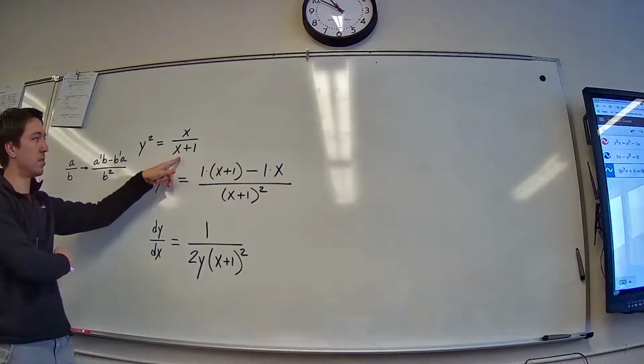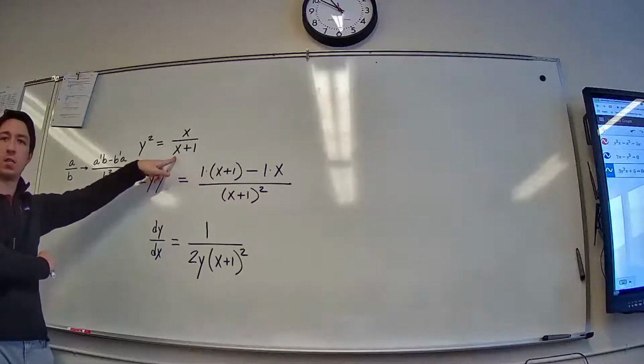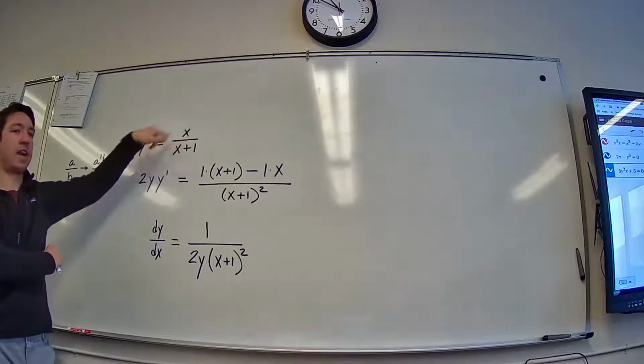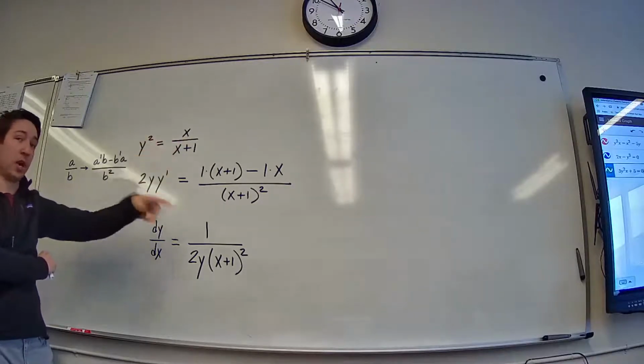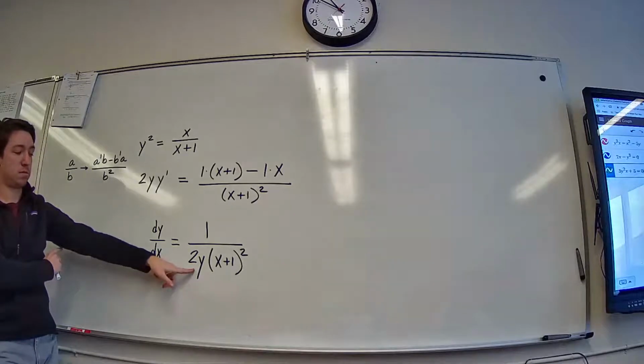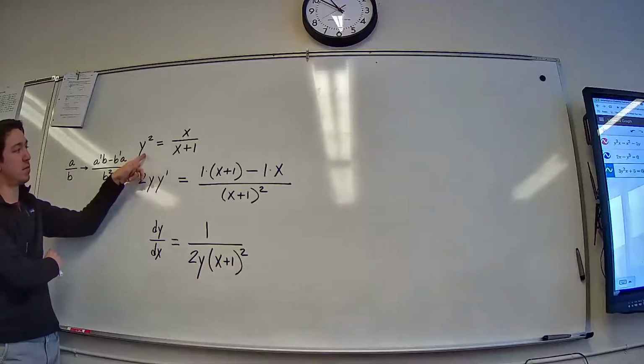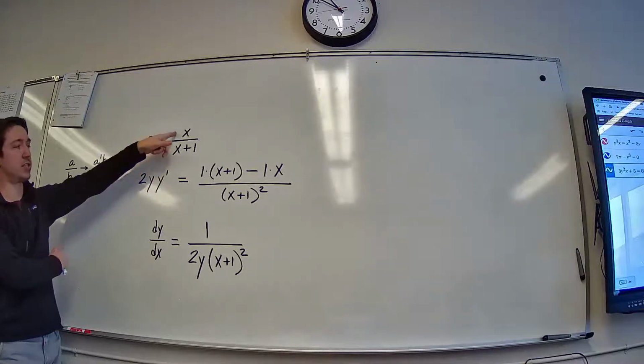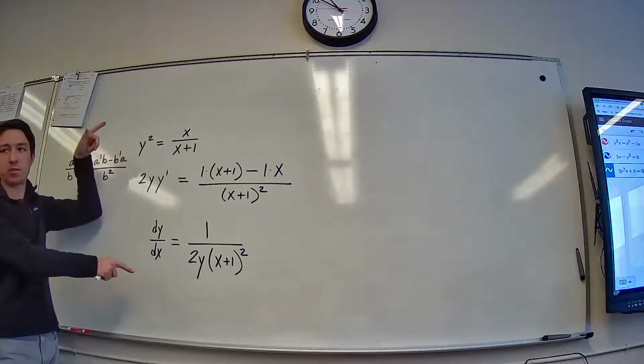I don't think so. If x is negative 1, then I'd have an undefined fraction over here. So the other option would be, what if y was 0? Can y be 0? Yeah, because if y is 0, x just has to be 0, and then both equations are satisfied.